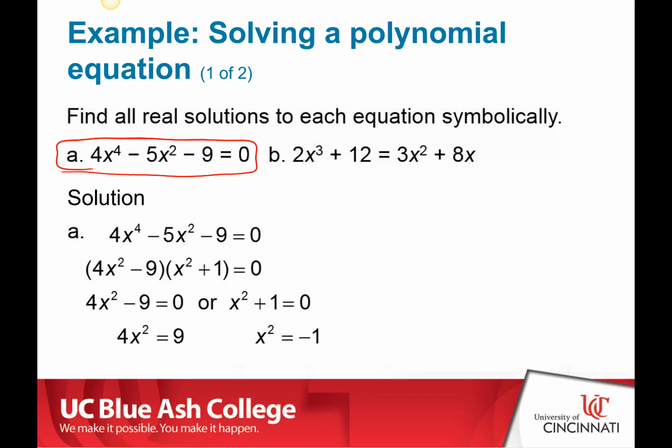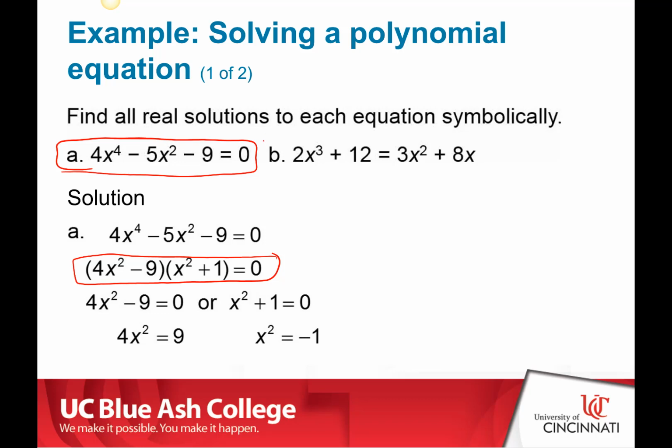Now the first thing to notice on this one is it's x to the 4th and x squared. This will actually factor. It factors into 4x squared minus 9, x squared plus 1.